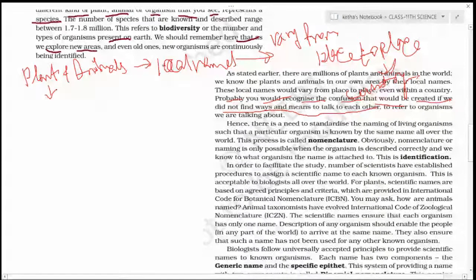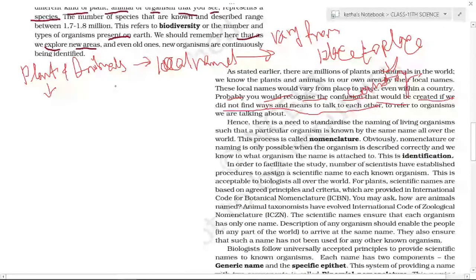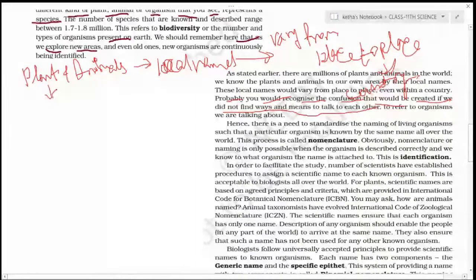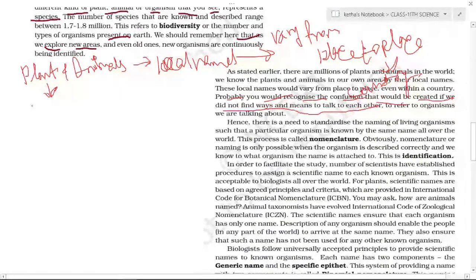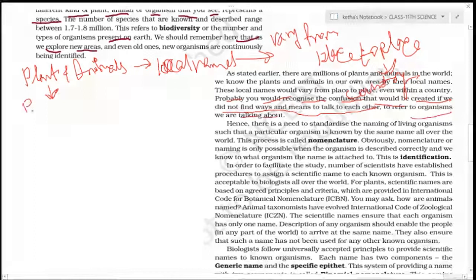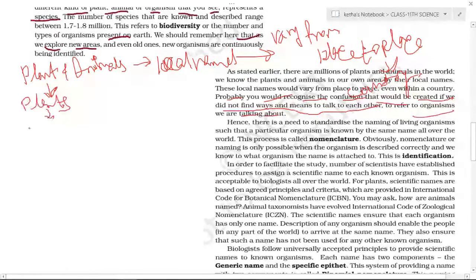There are so many plants and so many animals, so we will be confused. To refer to the organism we are talking about, if there are the same type of species, then we will be getting confused. Likewise, animals also.